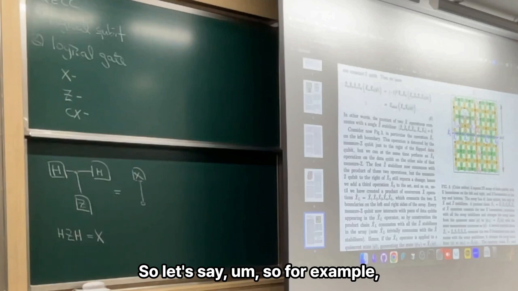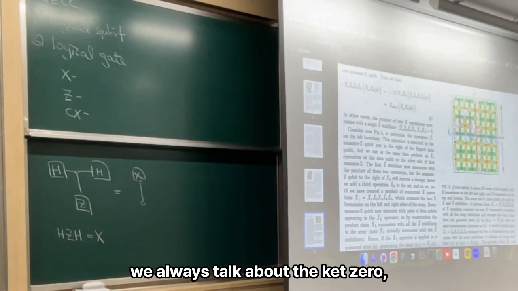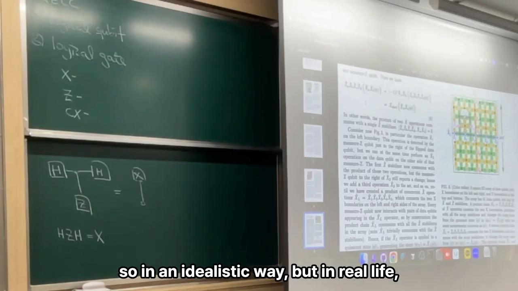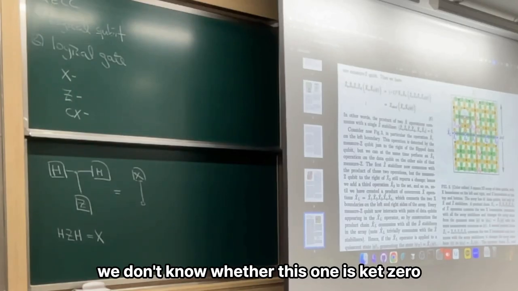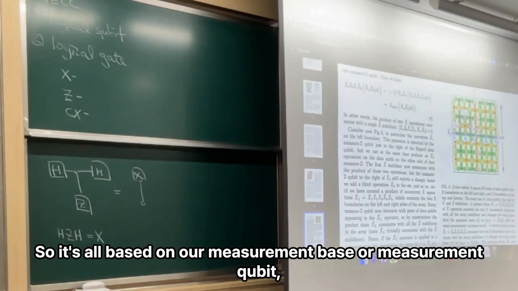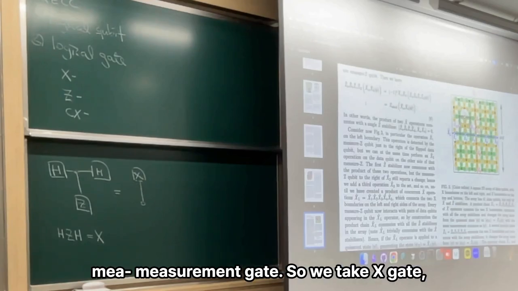So for example, we always talk about cat 0, cat 1, or cat plus, cat minus in an idealistic way, but in real life, we don't know whether this one is cat 0 or cat 1. It's all based on our measurement basis, or measurement gate.